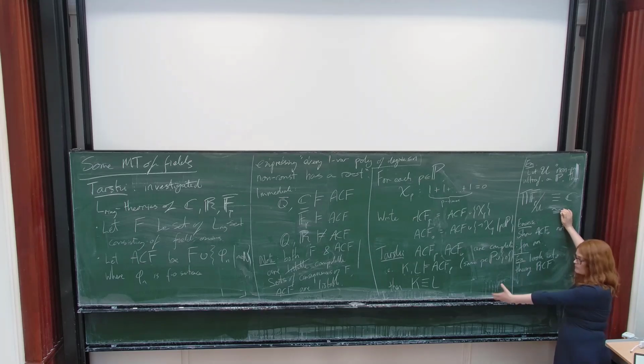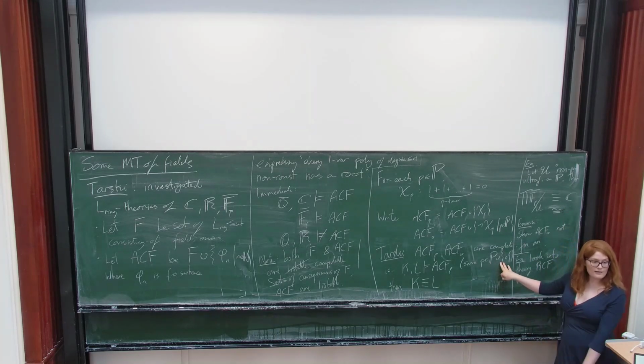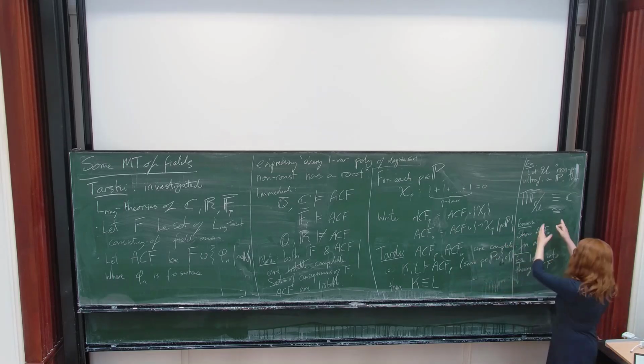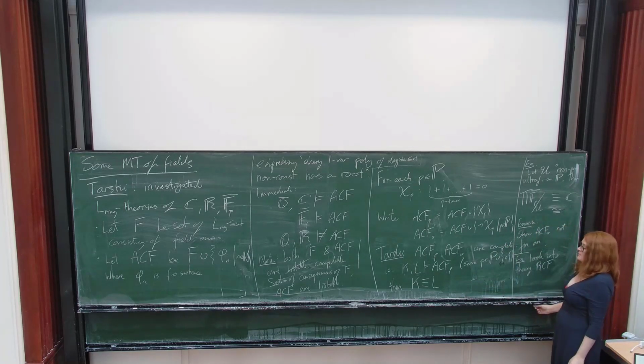Essentially, one quite direct way of proving this is to say that up to isomorphism, within a sufficiently large cardinality, there's exactly one ACF p, whatever. And that exactly uses this technology of transcendence bases and so on. So that's the argument that goes here, and one can also argue for this directly. Okay.